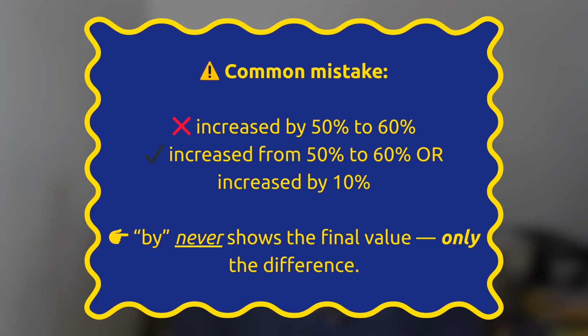Or alternatively, you can use by, but you'd have to do the maths and you'd say the percentage increased by 10%. So bear that in mind, don't make those mistakes. As I said, attention to detail is the thing that gets you the higher scores in Task 1. So the mistake might seem small to you, but examiners notice these things.